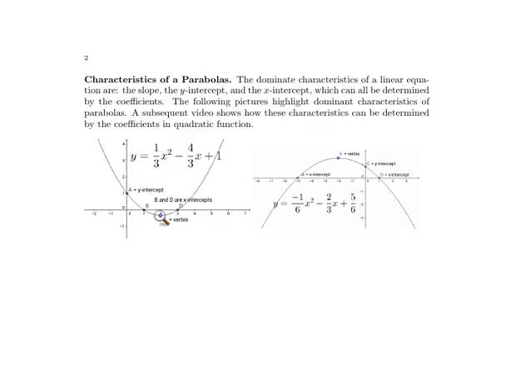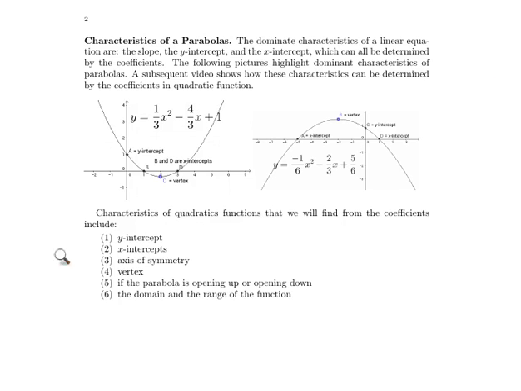The vertex is the low point in an opening up parabola. The vertex is the high point in an opening down parabola. There's a vertical symmetry line that goes through the vertex. That's called the line of symmetry. So those are some of the names that we'll be working with.